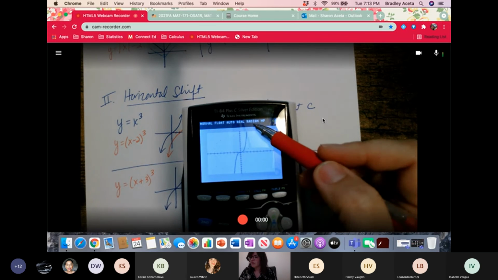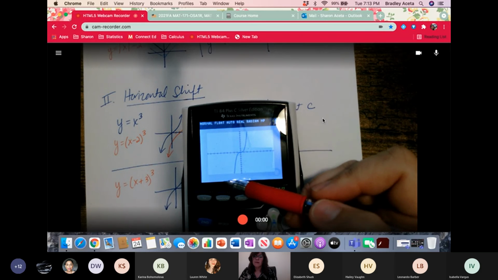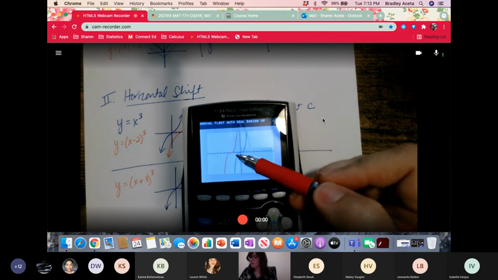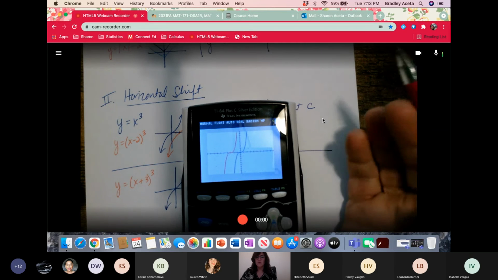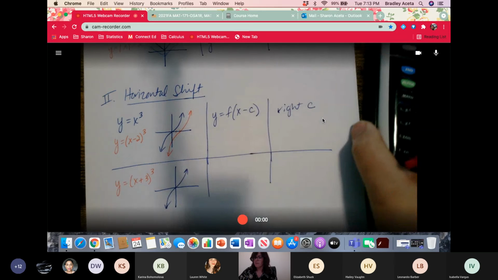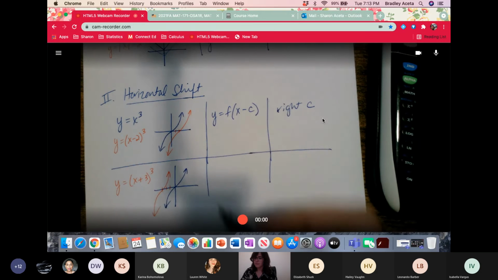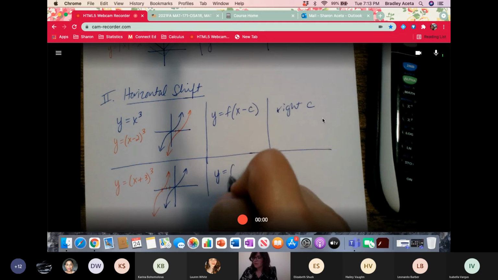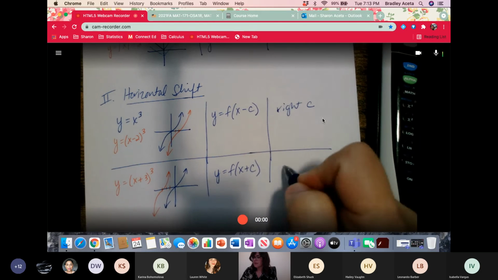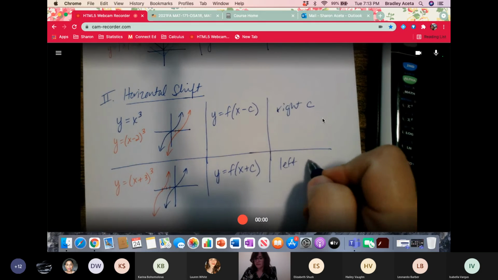So again, here's my parent. And look at that. 1, 2, 3 spots it moved to the left. Y equals f of x plus c. This time you go to the left c.